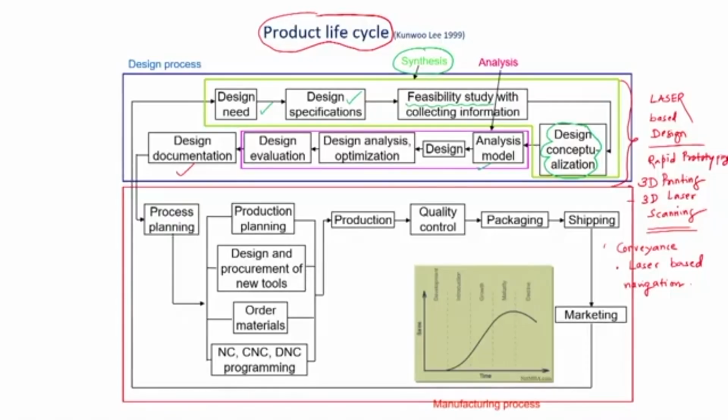So, we may need to modify the design given by the design team based upon the manufacturing capability available with that particular enterprise or company. So, the designing would be done. So, analysis of the design, optimization of the design and evaluation, this is termed analysis. So, analysis includes the design analysis, optimization and evaluation.